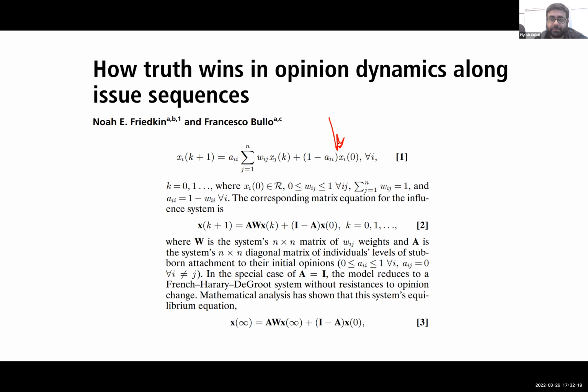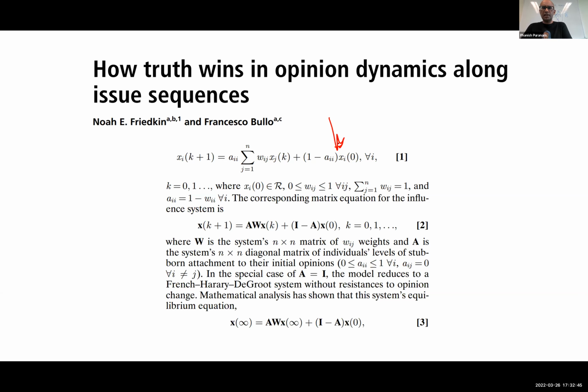Yeah, so it's like some measure of, AII is some measure of your stubbornness to social influence, right? So what you started with, you always retain with some weight. The rest of it, you're willing to update with weight AII, and that is being then using the degrouped averaging to create your super neighbor. And that super neighbor is then the one that is affecting your beliefs, right? That's what this is doing.